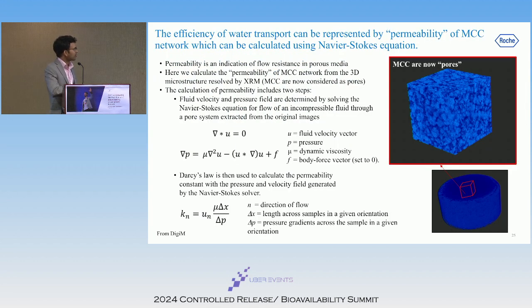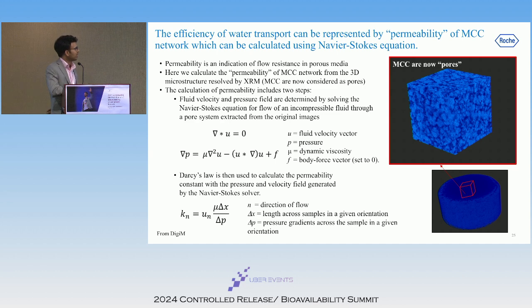Next, we wanted to understand the efficiency of water transport, which can be quantified by permeability, and this was quantified for the MCC network that was evaluated from the 3D microstructures resolved by the XRM imaging. So permeability is an indication of the flow resistance of the fluid in the porous media, and this was done in 2 steps.